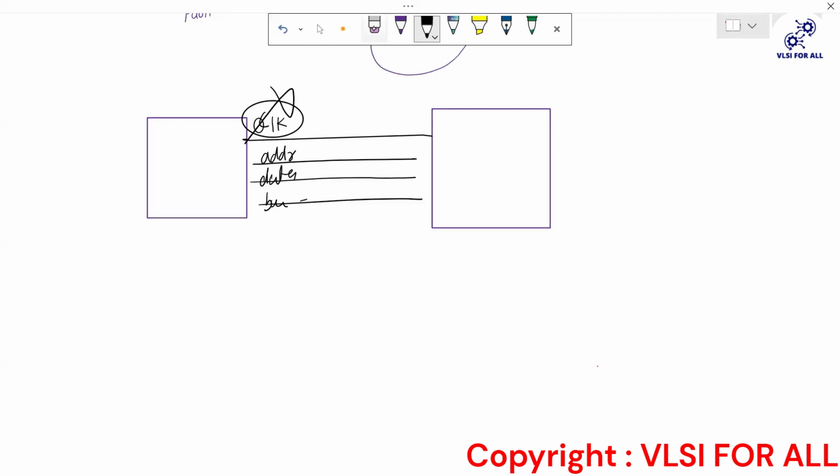So what we can do is remove the clock from this channel, and have a clock here and a clock here. Makes sense? But will it work?